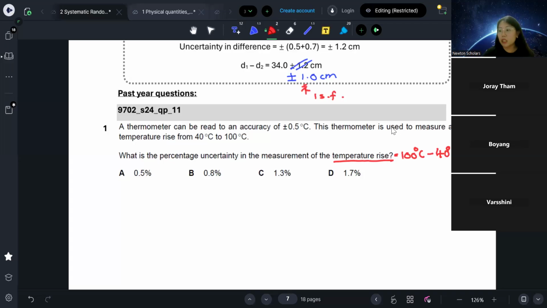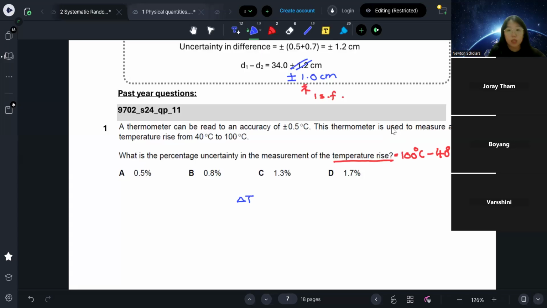If minus, then how do we solve for the uncertainty? Just now I mentioned, if your data is plus or minus, the uncertainty we just add up together. So here, the uncertainty is plus minus 0.5, right?